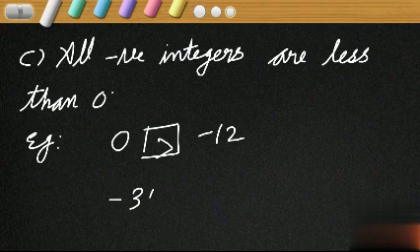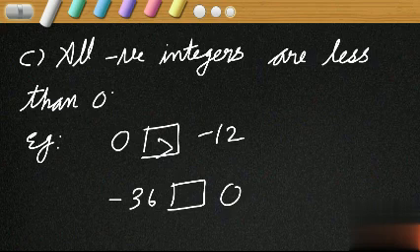Minus 36 dash 0. What is the answer? Which is greater? Of course, 0 is greater than all negative integers. Minus 36 is a negative integer. So, surely, what is the answer? 0 is greater. Yes. Next one.